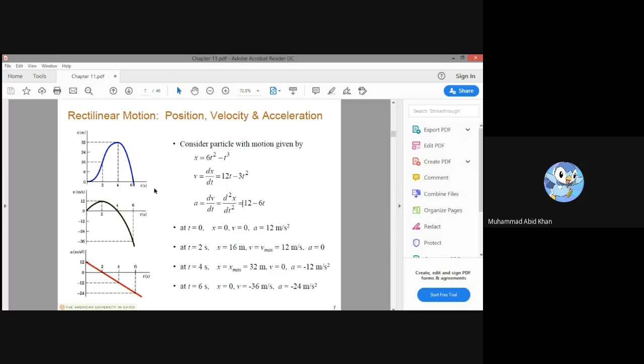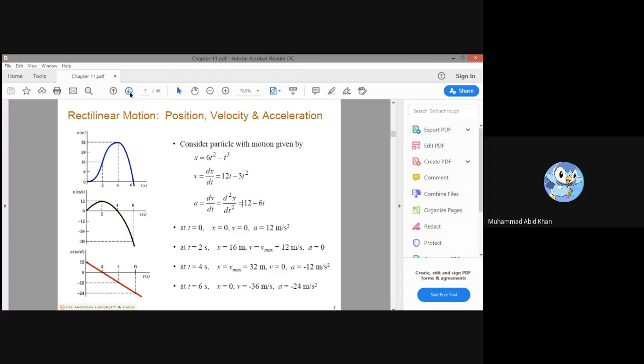But what is the time? 6t square minus t cube in the same direction. We have to calculate it. Sometimes it's given, sometimes it's not. You just do the first derivative if you need velocity. If you need acceleration, you take the derivative again of the velocity value you got, and then you will get acceleration.